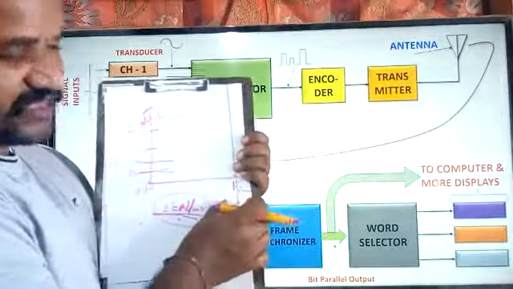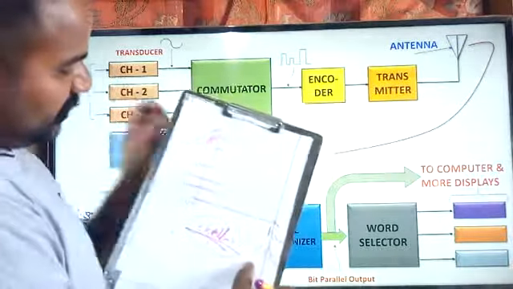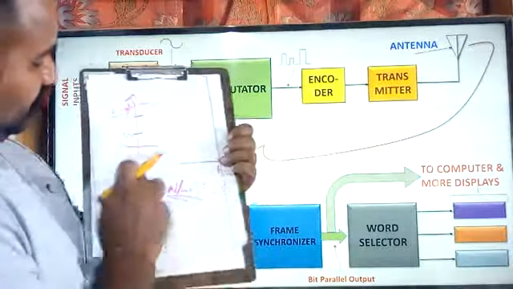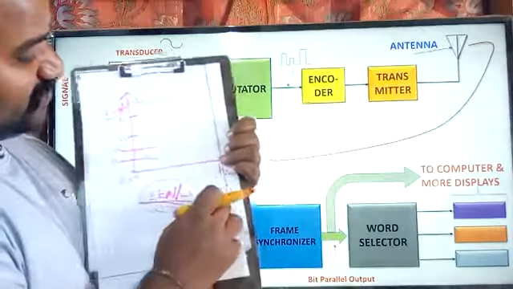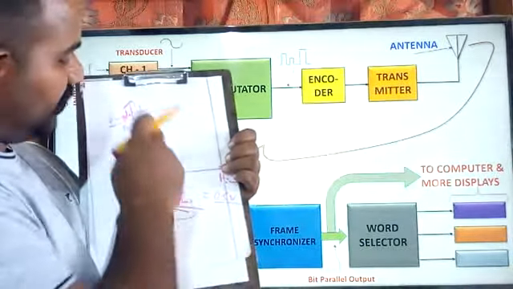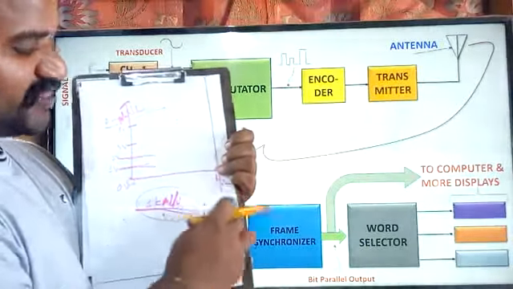This is the step size of my transducer, but this already allocated step size is not matching with this one.